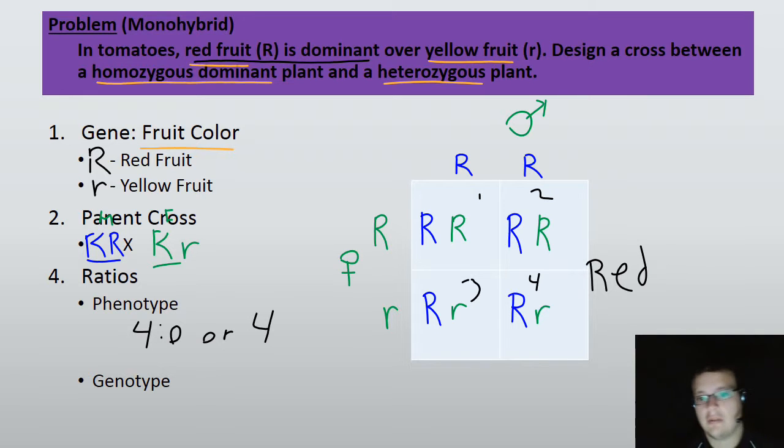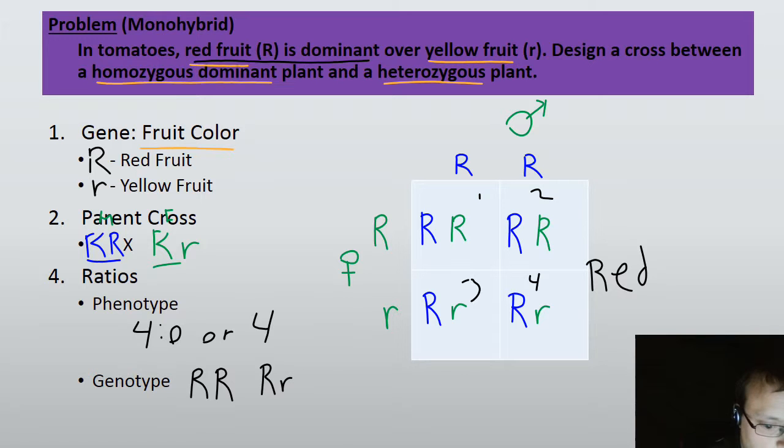Okay. Now the genotype, there are 4 probable ways of genotypes. So let's go through those. You can have homozygous dominant. You can have heterozygous or a homozygous recessive. There's always 3 ways to write it.